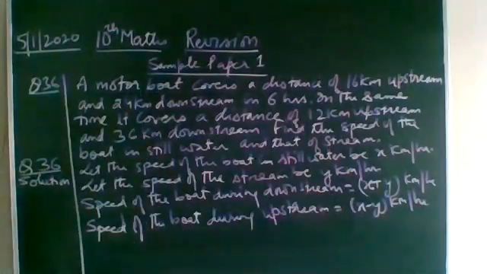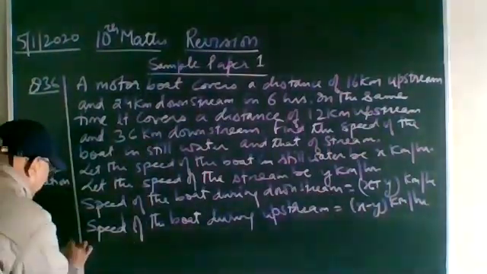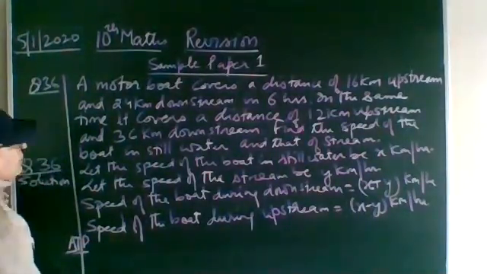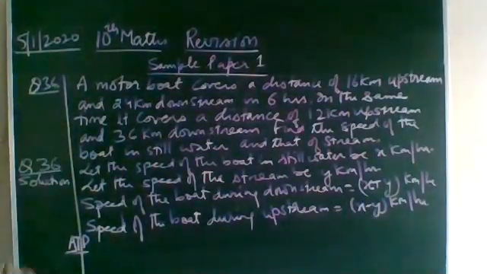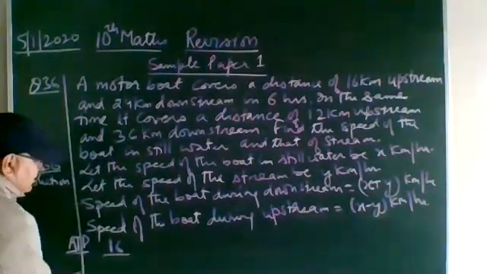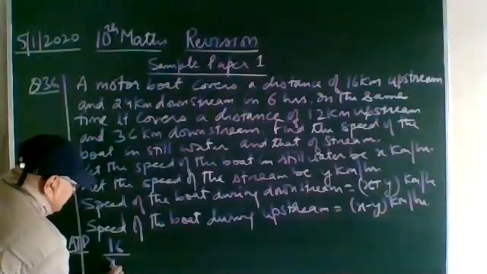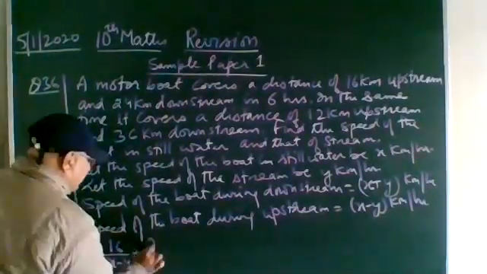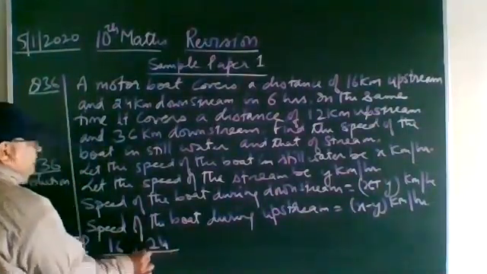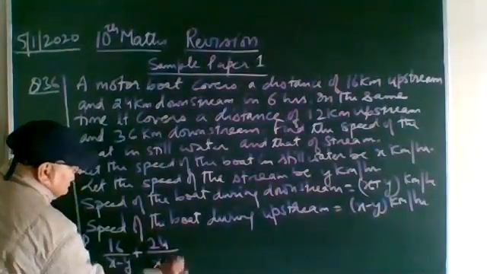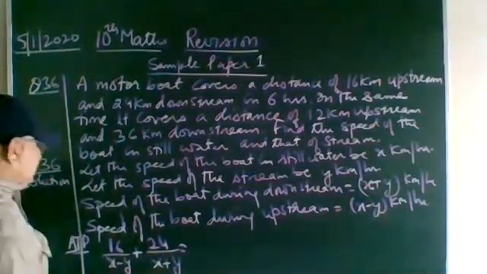Now after writing this, according to the problem, what do you have to write? Distance 16 km upstream, so distance over speed: 16 upon x minus y, plus 24 km downstream, 24 upon x plus y, time is 6 hours.